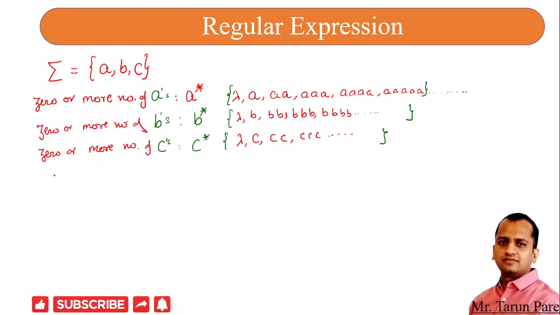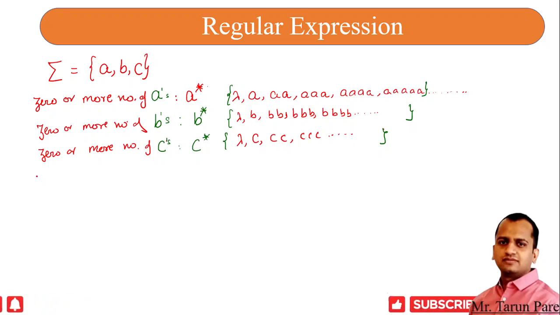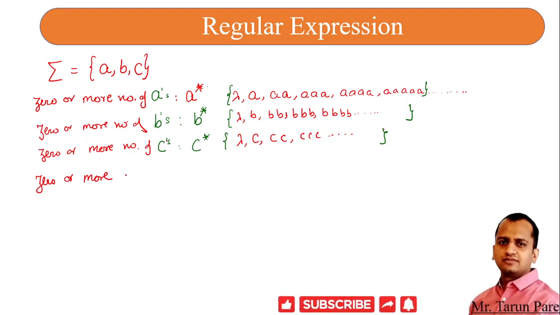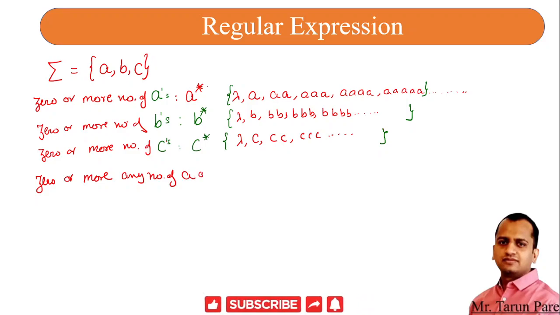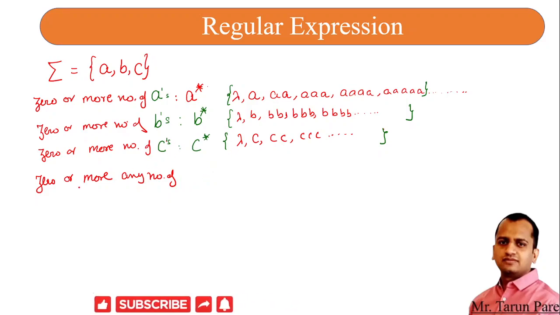Similarly, if you want to print zero or more of either a or b, then how do you print that? Let me write the statement: zero or more of any number of a or b.